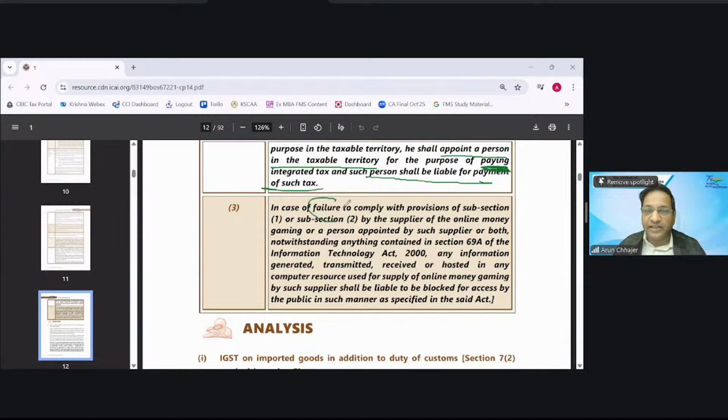In case of failure to comply with the provision of subsection 1 and subsection 3 by the supplier of online money gaming or a person appointed by such supplier or both, notwithstanding anything contained in section 69A, any information generated. Let's read first once again.